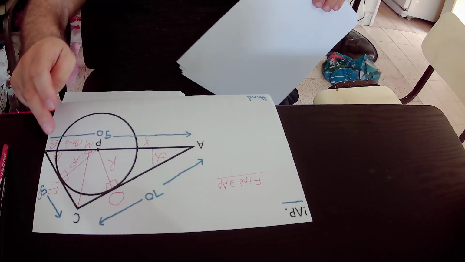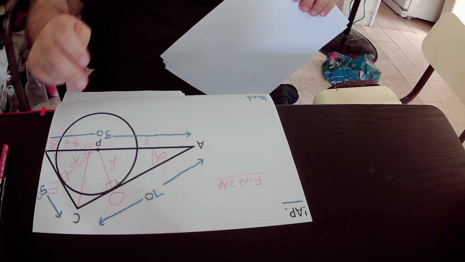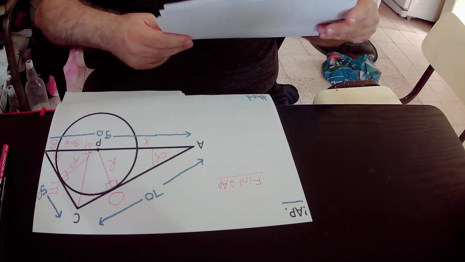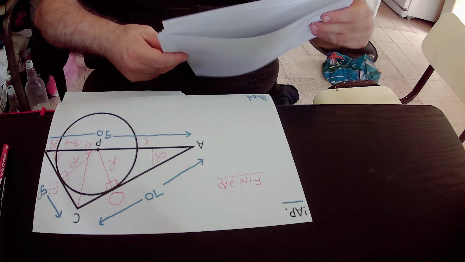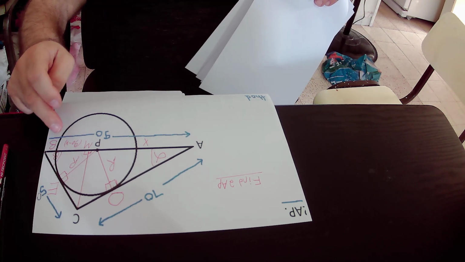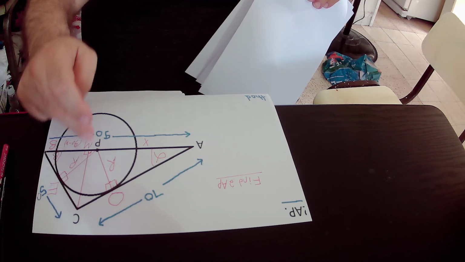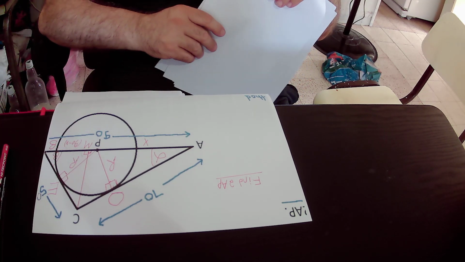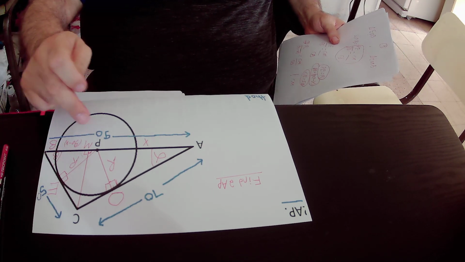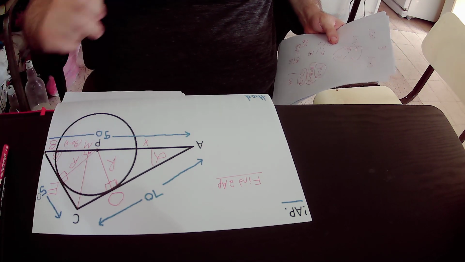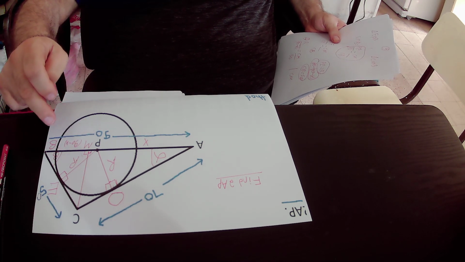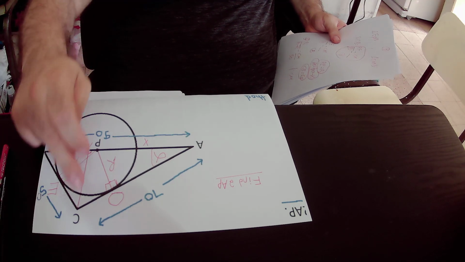Then we moved to angle beta, and we focus on the right triangle PEB and the right triangle CMB. Sine beta in triangle PEB equals PE over PB, and sine beta in triangle CMB equals CM over CB.